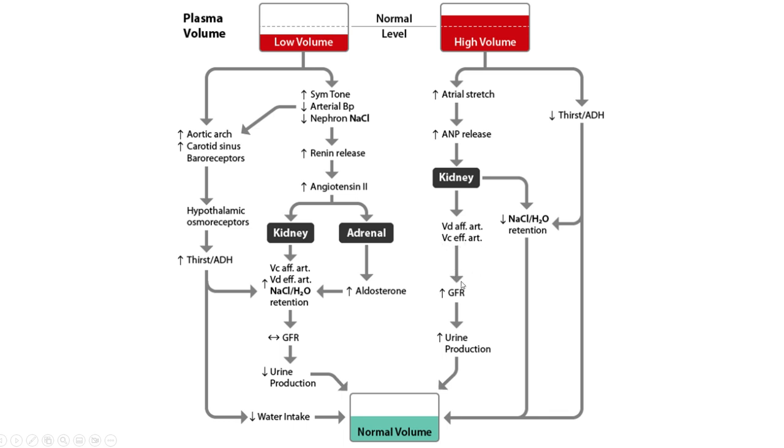This is acting to increase something called GFR, or glomerular filtration rate, which is essentially the amount of fluid that we're filtering in the kidney per minute, which is related to and associated with the amount of urine that we're producing. So if we filter more, we make more urine, which means less fluid in the blood, which is going to act to decrease blood volume, right? And that's what we were trying to correct here, right? So we had a high blood volume, and we're trying to decrease it through increasing the amount of urine that is produced, right?